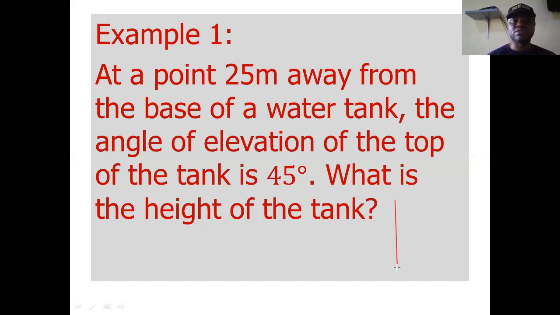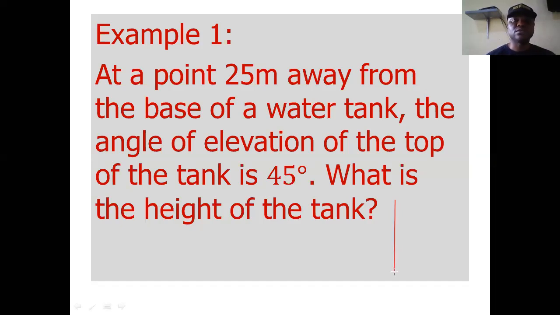diagram. At a point away from the base of the water tank. This stands for the water tank, and then you need to draw another point away from the water tank, and the point is 25 meters, and there's an angle of elevation at the top like this.